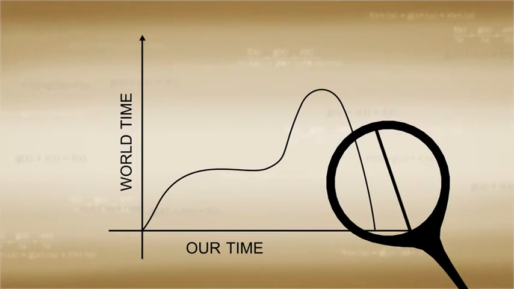That is to say, if we are looking from the perspective of our time, we can see that the world time is moving at a different and steady pace, and that in the very near future of our time, the world time will also change by a small amount. If we zoom in far enough, we should even be able to say that these relationships are nearly linear.